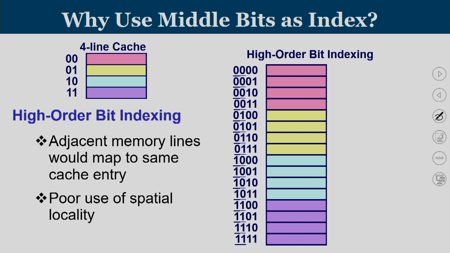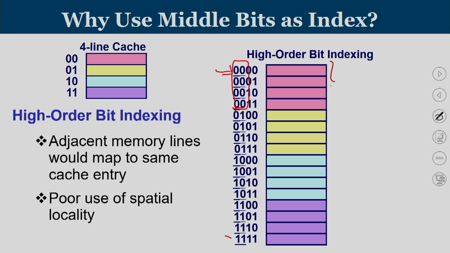Let us assume we have a total of 16 blocks in main memory, ranging from 0000 to 1111. Now if you use the most significant 2 bits for indexing, then for these 4 blocks the most significant 2 bits are going to be the same.